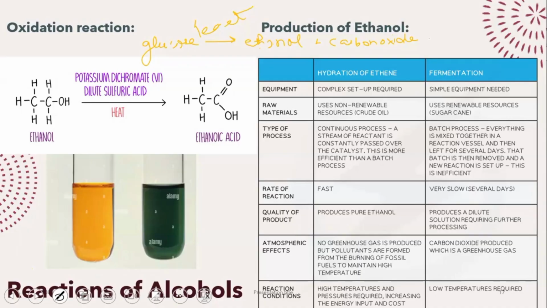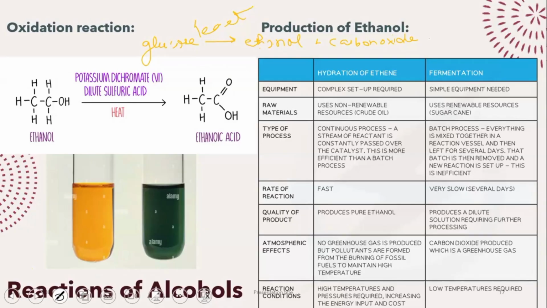I'll add ethene, I will add steam, and I can keep on adding them again and again, with the presence of our phosphoric acid catalyst, and I can make ethanol continuously. Fermentation, though, is a batch process. You have to add in the glucose, you have to add in your yeast, leave it for a few days, come back after a few days.